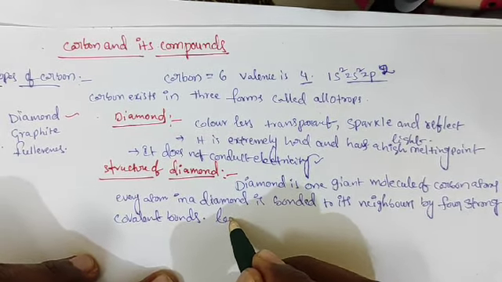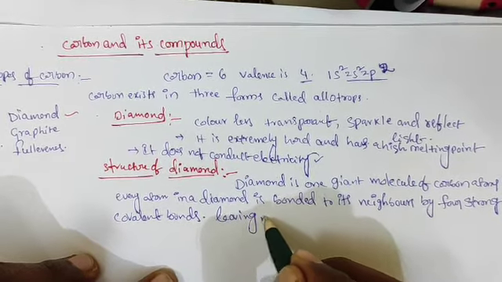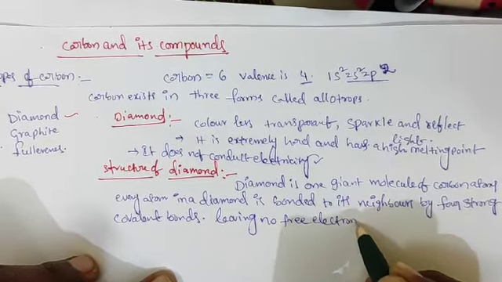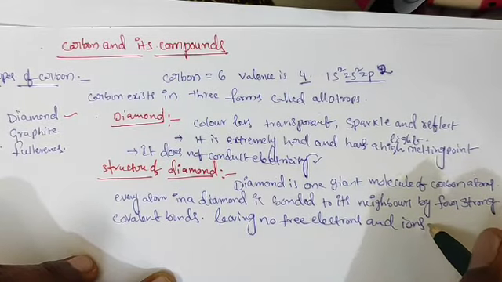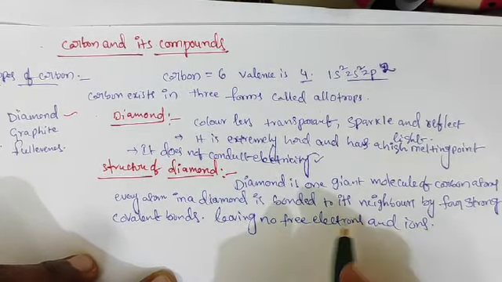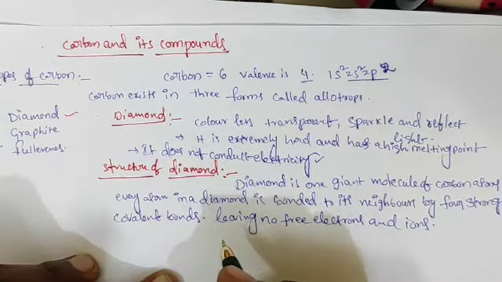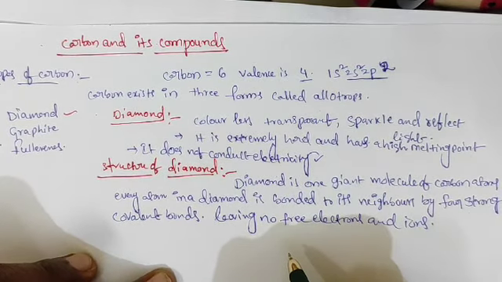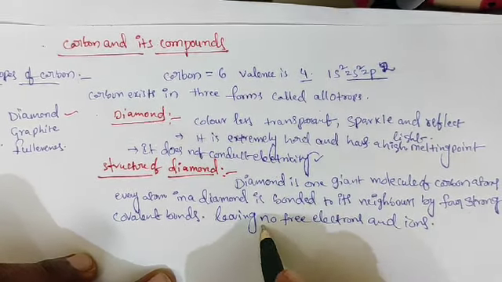This leaves no free electrons and ions. This explains why diamond does not conduct electricity. Because there are no free electrons or ions.